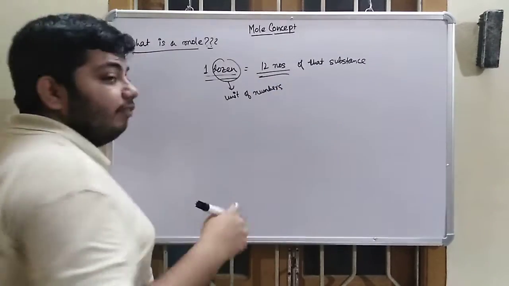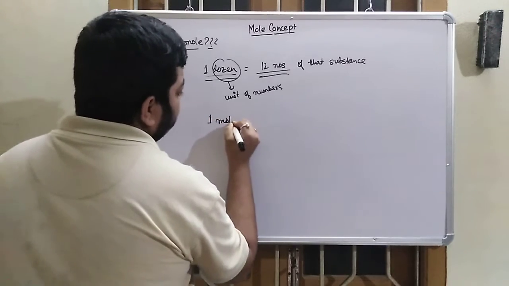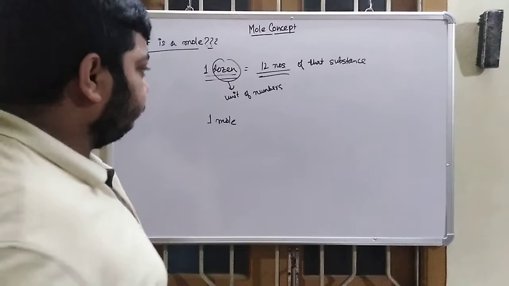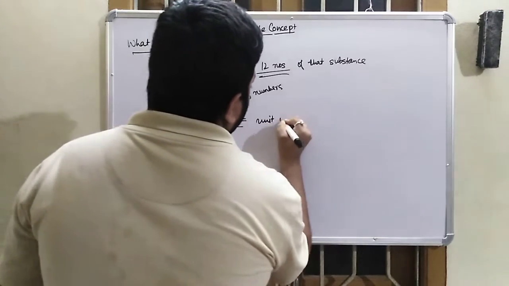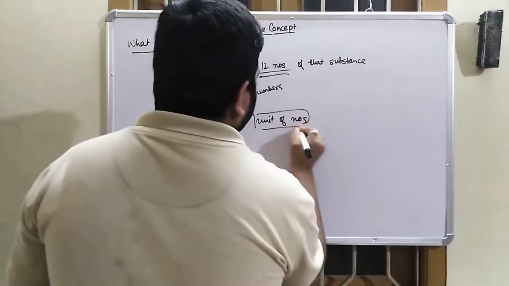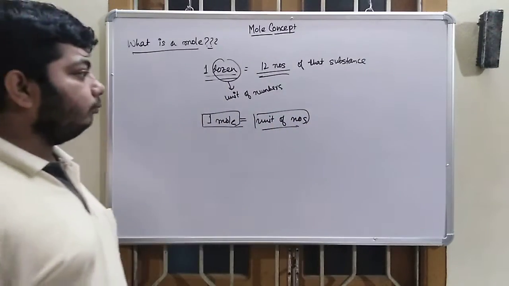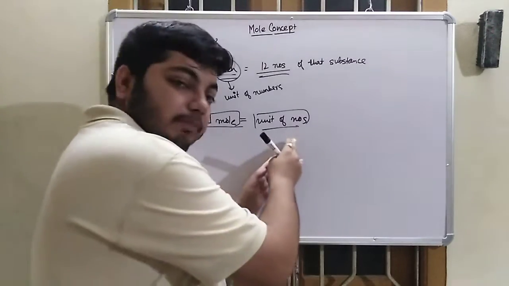Similar to dozen, we have another unit of number, that is 1 mole. 1 mole is a unit of number. Now, this 1 mole is actually the SI unit for numbers.